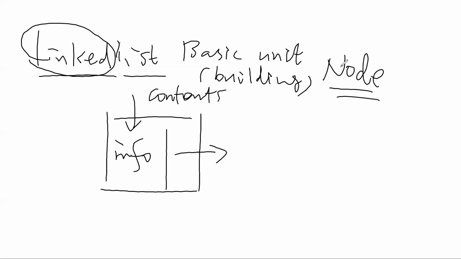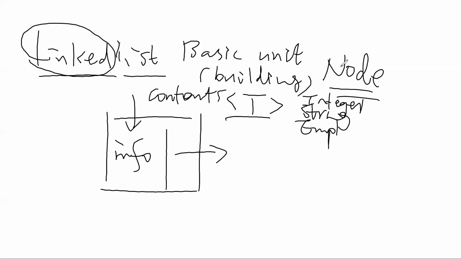If we define the information, and yesterday we learned generics, it can be a very generic type, T, etc. And the T basically can be anything else, like a concrete type, then it can be integer, it can be string, it can be employee, can be account, etc. So all sorts of classes.